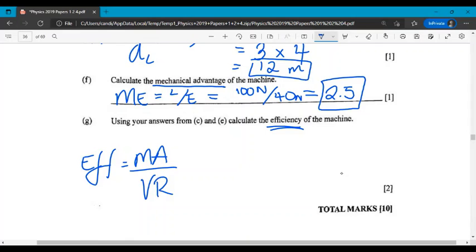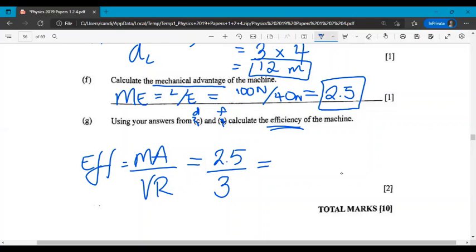Mechanical advantage is what we found in part F, so that should say F. And velocity ratio is what we found in part D, so that should say D. Okay. So let's go ahead and do that. The mechanical advantage we found was 2.5, and the velocity ratio was 3.